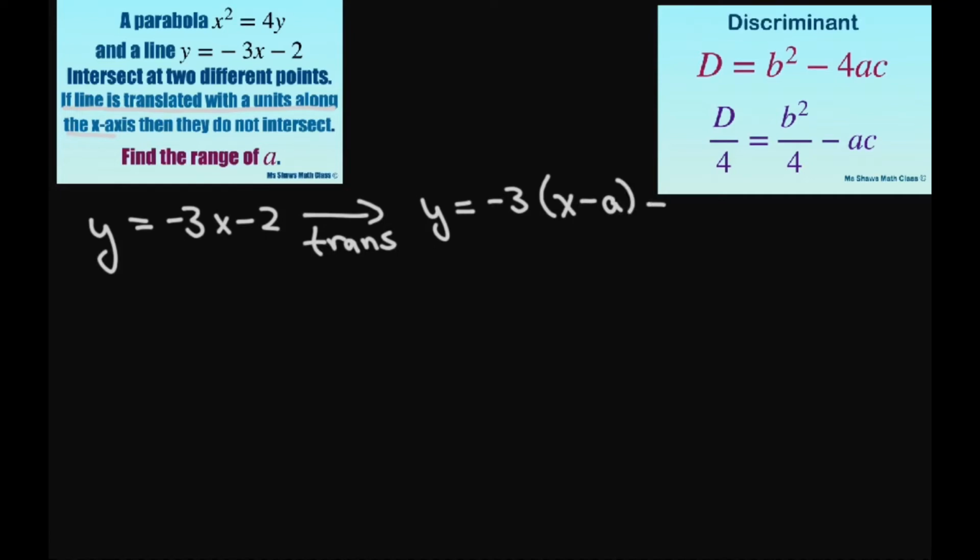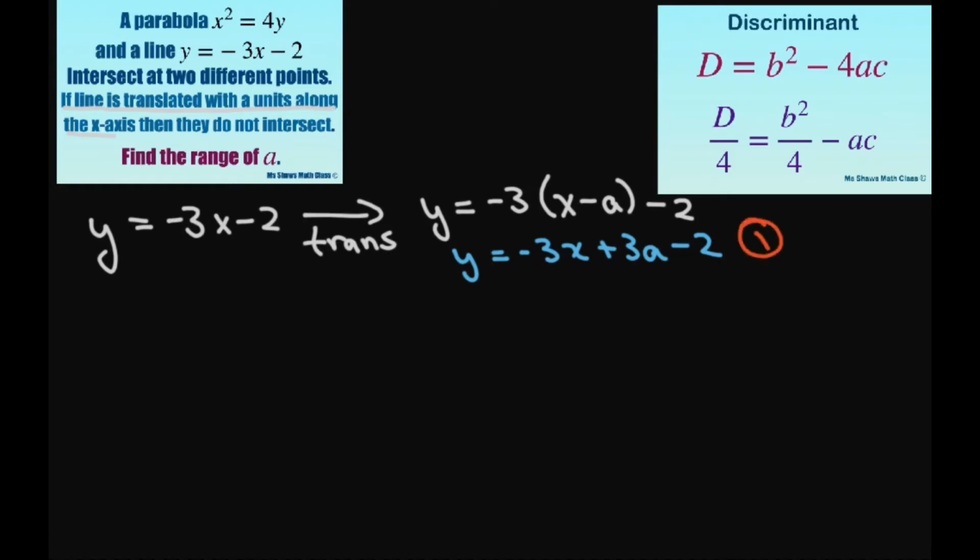Then we still have our minus 2. Now this simplifies to y equals negative 3x plus 3a minus 2. And we're going to call this equation 1.